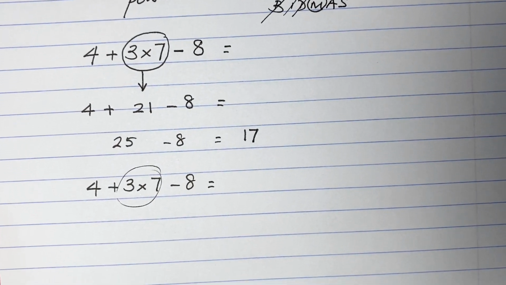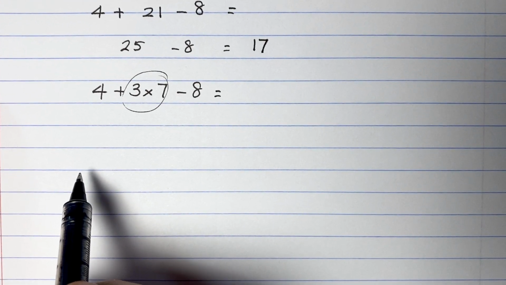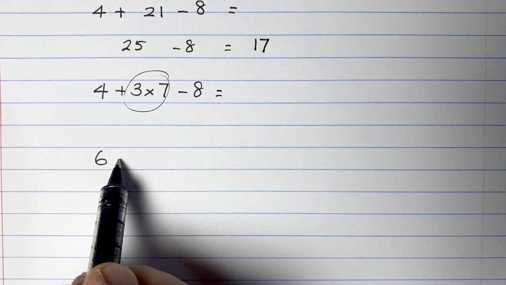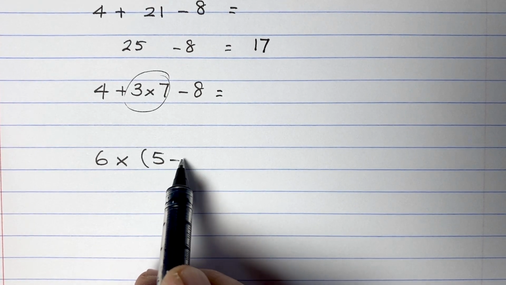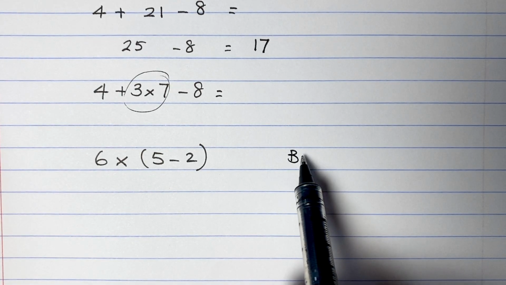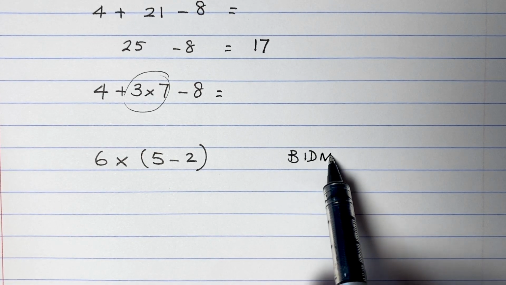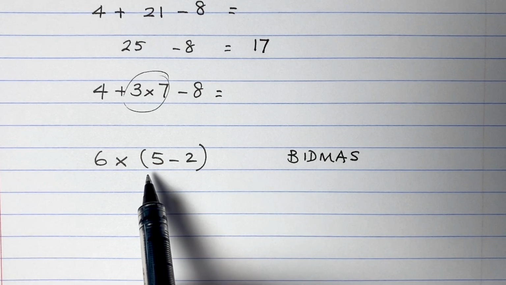Let's look at this one: 6 times, bracket 5 minus 2. Okay, let's write BIDMAS. Do we have a bracket? Yes.